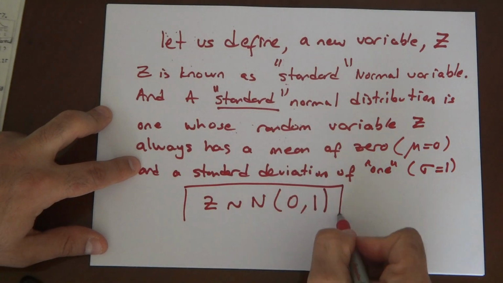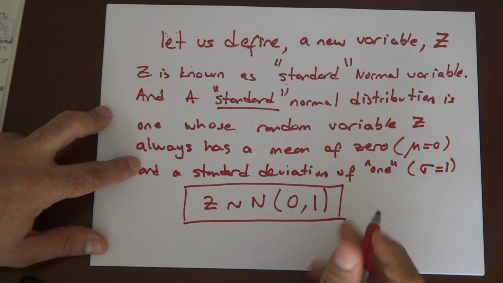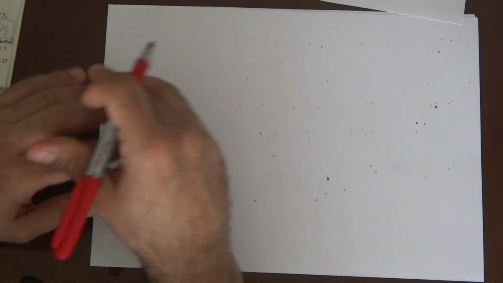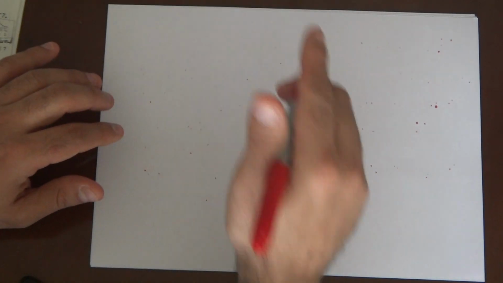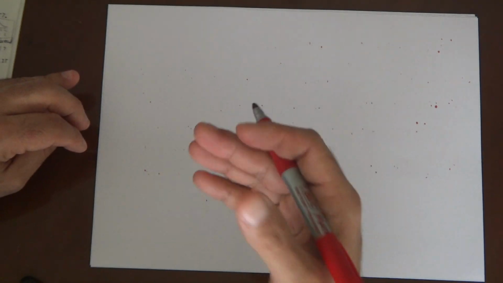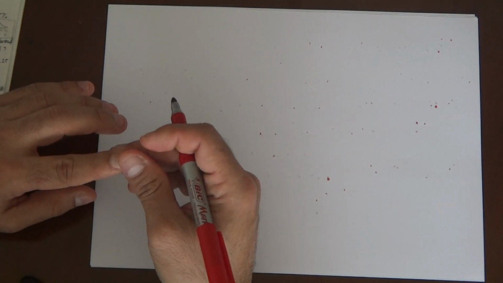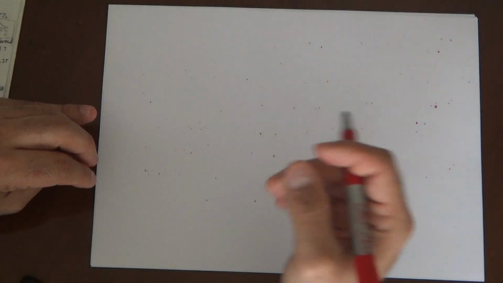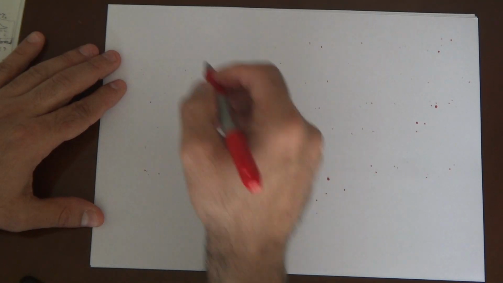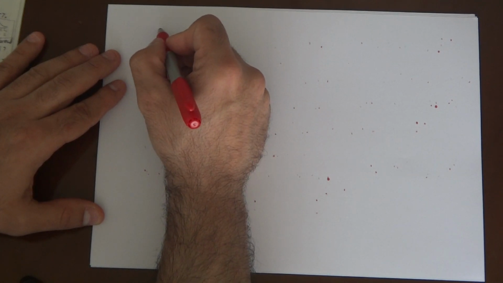This means that any normally distributed random variable with a given mean and standard deviation can be converted to a standard normal variable by the transformation formula. Let me write it down.